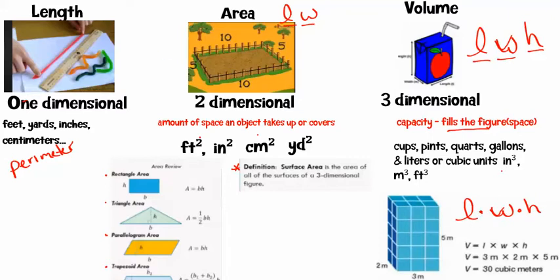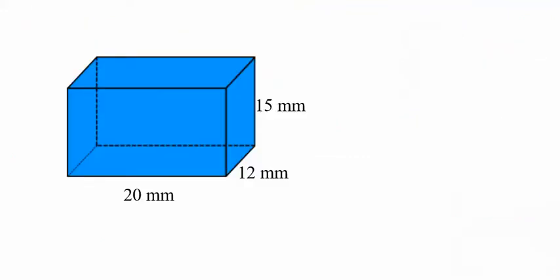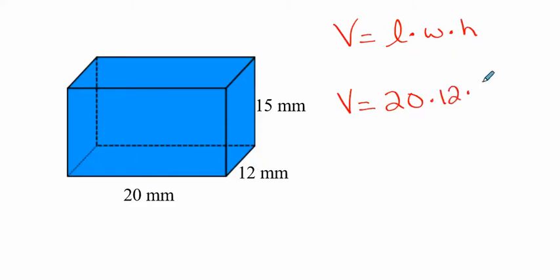So let's do an example. Again, volume equals length times width times height. Volume equals length, that's 20, times width times height. Because we're multiplying, it really doesn't matter the order in which we multiply. We're just multiplying length, width, and height.